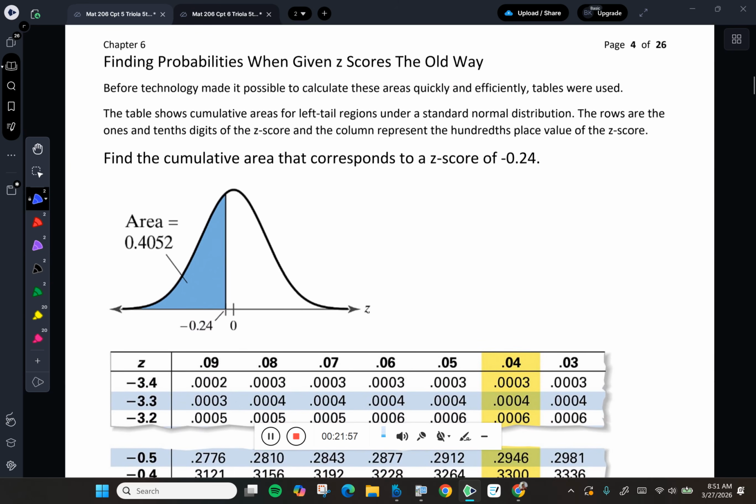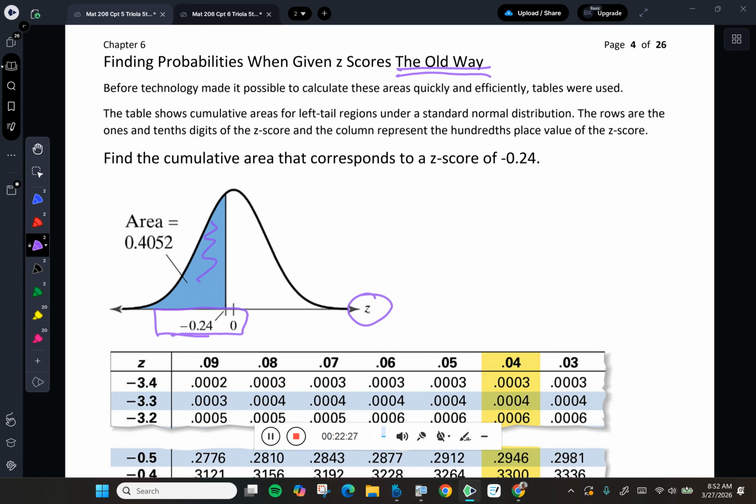So here are the ways that probability used to be found using the old way. This is looking things up in books and tables of values. Before technology made this an easy problem, this is how we had to do it. It was just brutal. So if someone would hand you a standard normal distribution, they would give you a z-score, and they would ask you to find an area.